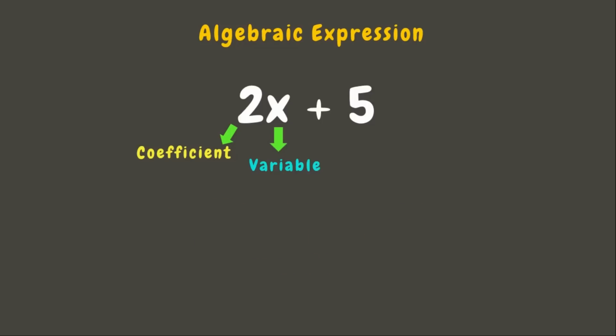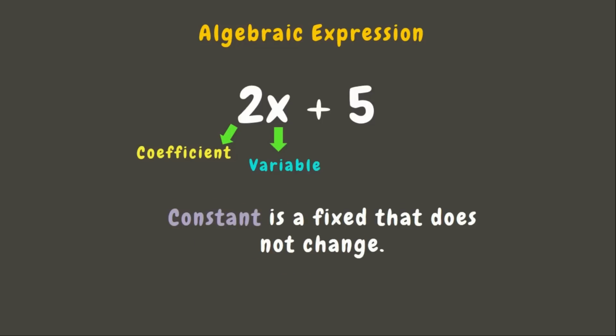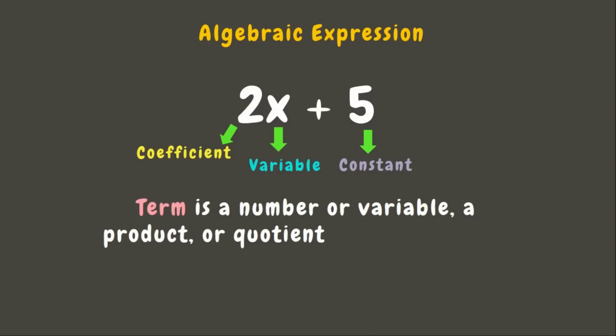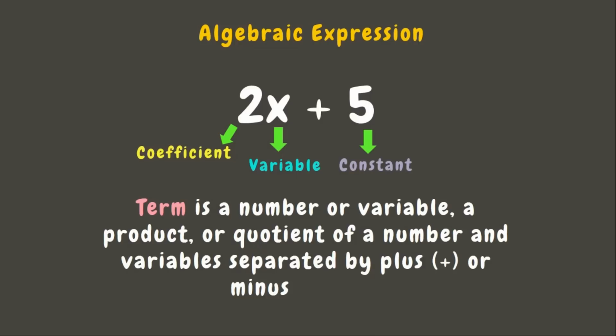The next one is the constant. The constant is a fixed value that does not change. Here, the constant is number 5. And lastly, we have the term. The term is a number or variable, a product or quotient of a number and variables separated by plus or minus sign.